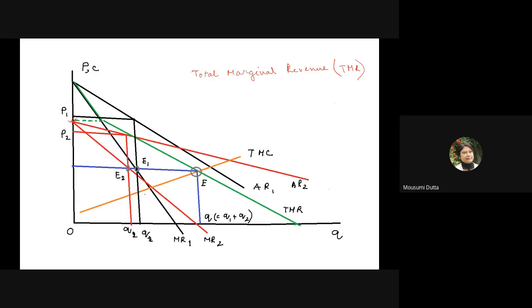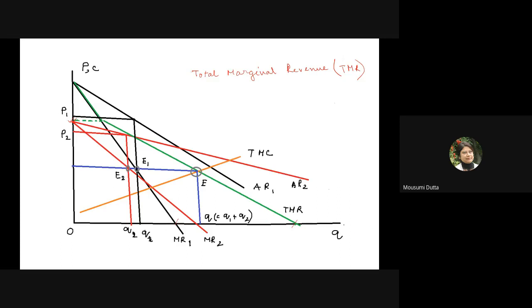Now, the easiest way to find this: I have MR1 up to this and MR2 starting from here. So I'll add the MR2 intercept with that of MR1. MR1 is up to this and MR2 I'll add, and roughly I am getting this value, the black part and the red part.